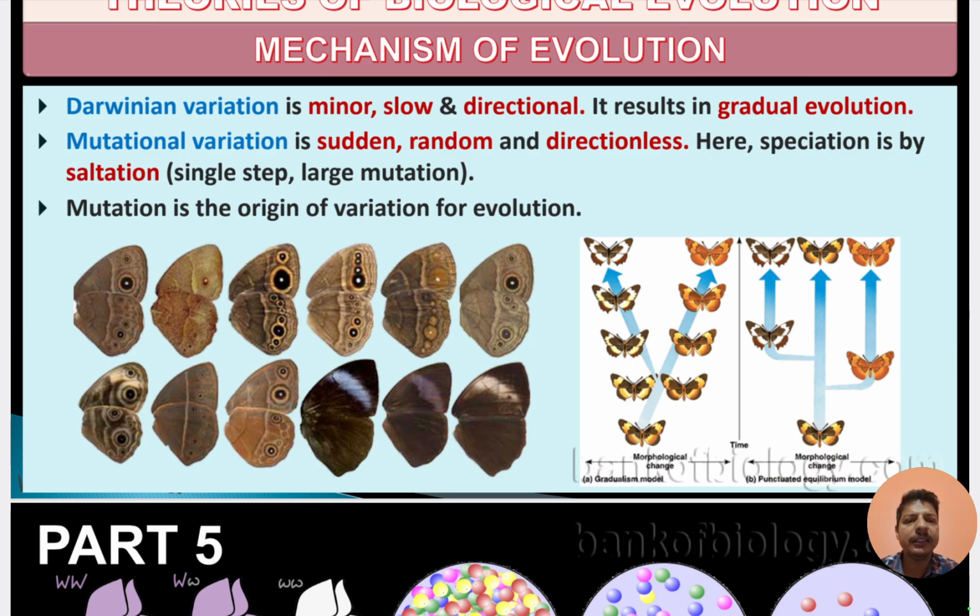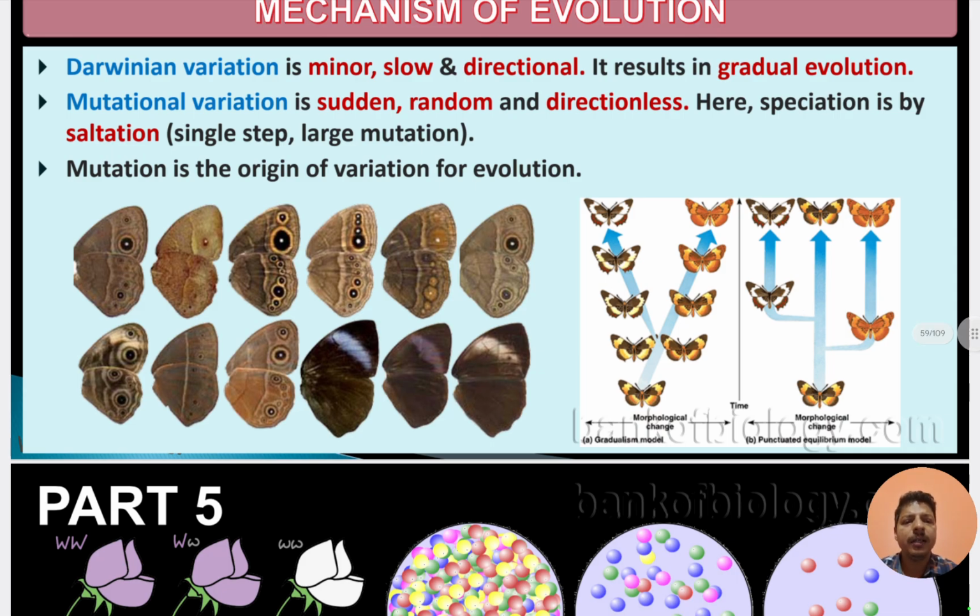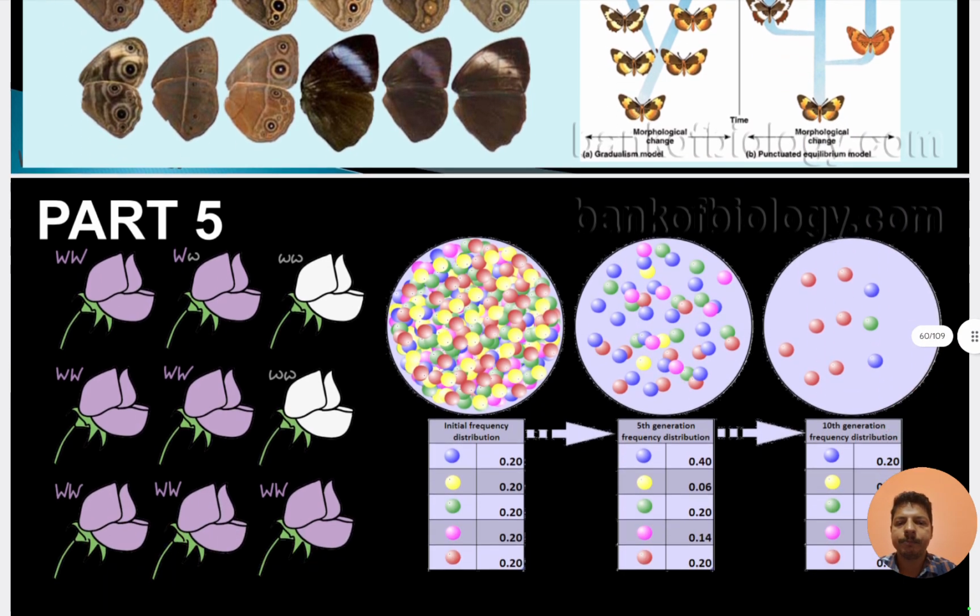You can see in this diagram, two diagrams are given here. Gradual model, where changes occur slowly, and here it is the mutational changes, or we can say mutational variation, which is sudden, and you can see a direct single step large variation, a large mutation, or saltation we can say.